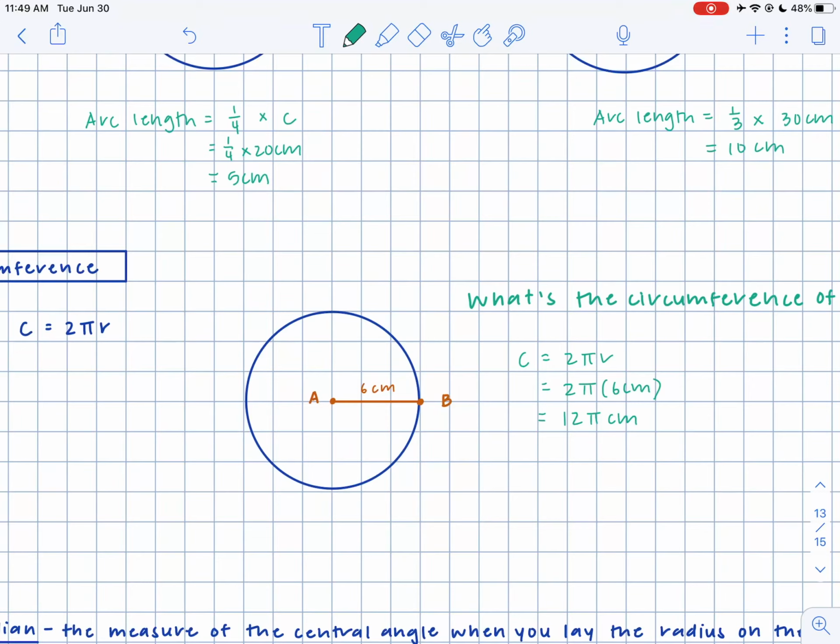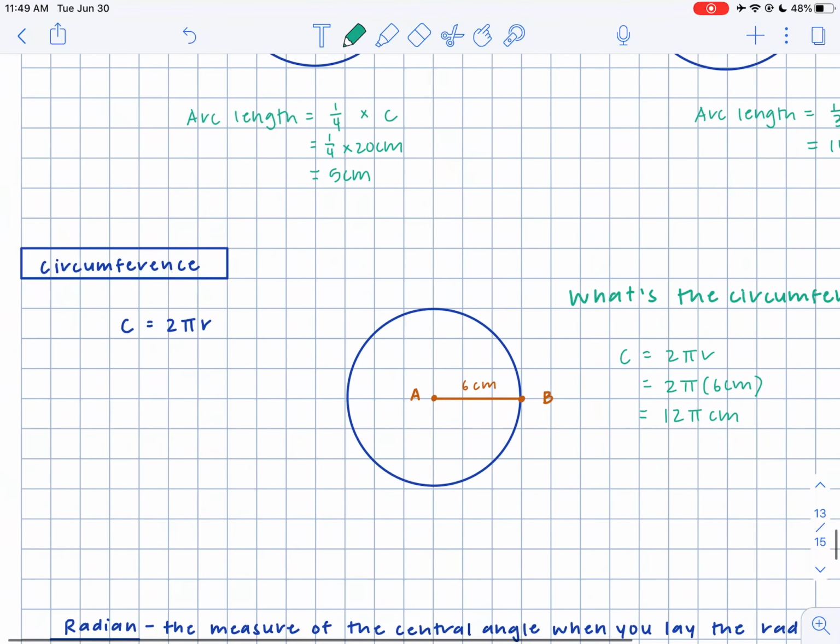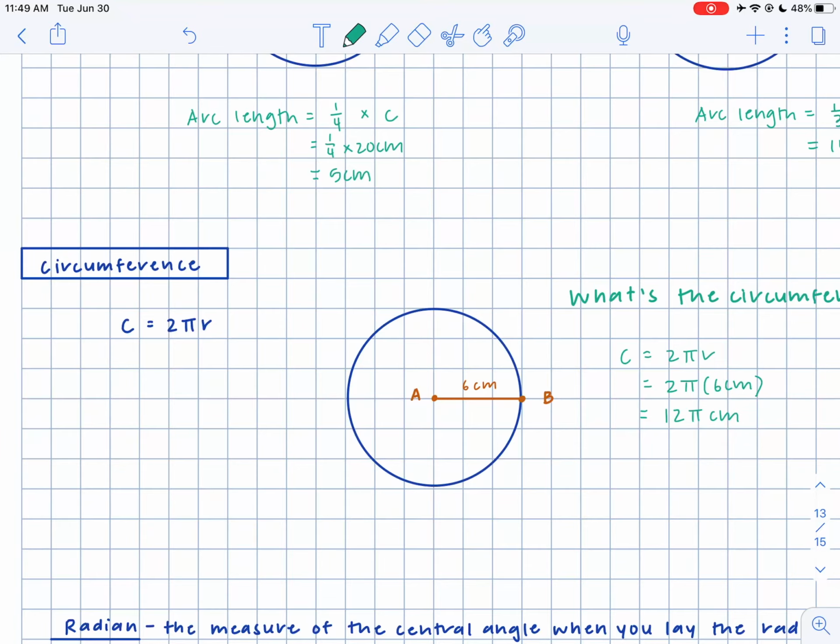So our circumference would be 12 pi centimeters. Now if you wanted, you can take 12 and multiply it by pi on a calculator, because pi is just a really long number, right? It's just 3.14 and goes on and on. So you can leave it as 12 pi, or you can multiply 12 times pi to give you your circumference, but this is fine too.